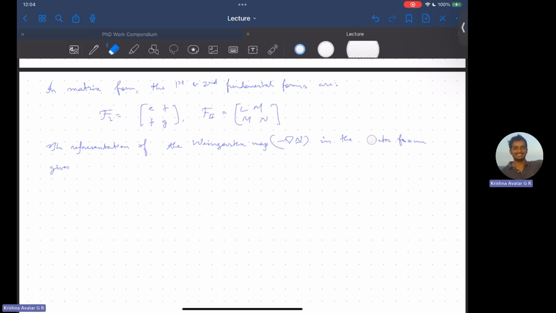This is not in the director frame, this is in the covariant basis frame, which is g1, g2, and n.